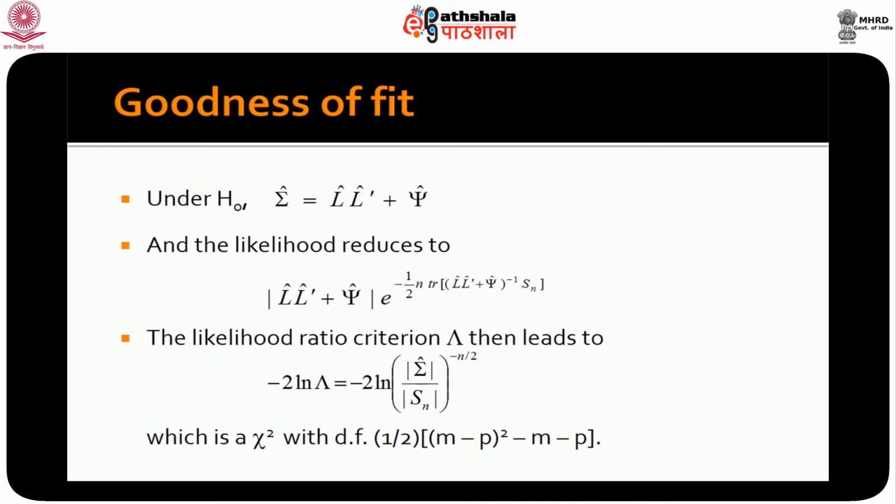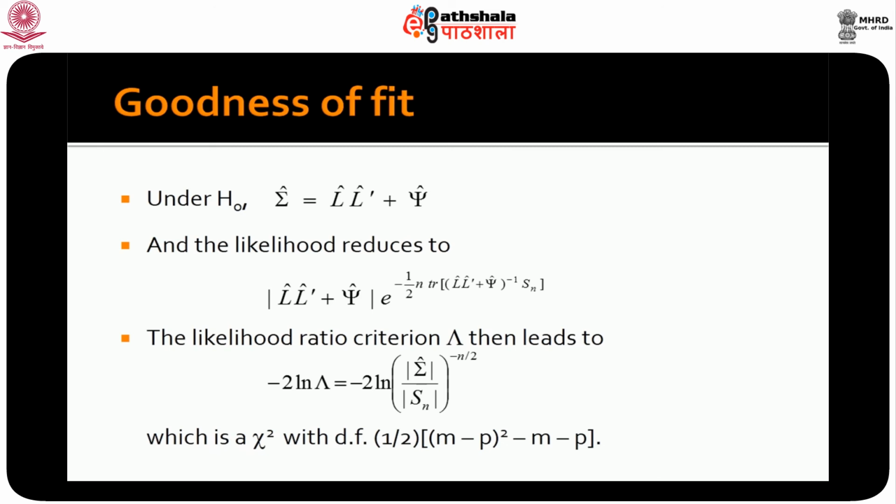But mind you, we have a restriction that L prime psi inverse L has to be a diagonal matrix, and that really means that the off-diagonal elements are 0, which puts the number of restrictions there as minus half p into p minus 1. So in totality, it will be the number of parameters globally minus the number of parameters under H naught, which turns out to be half of m minus p square minus m minus p.